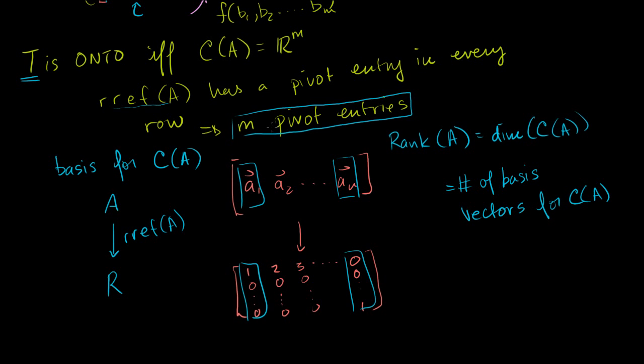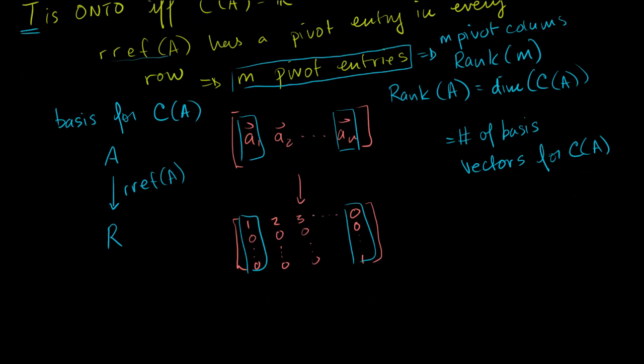So if you have m pivot entries, you also have m pivot columns, which means that if you were to do this exercise right here, you would have m basis vectors for your column space, or that you would have a rank of m. So this whole video was just a big, long way of saying that T is onto.